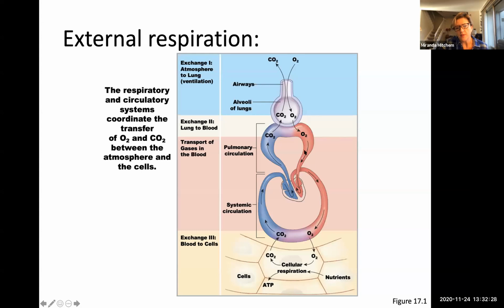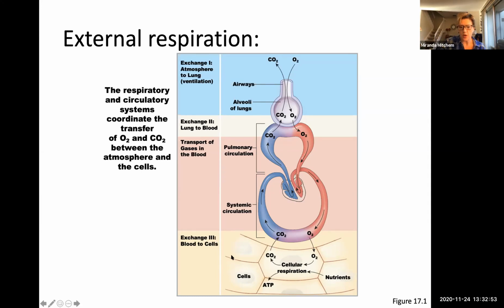And then in it comes and it's pumped around the body through the help of the heart. And that brings us to our third level of exchange, which is between the blood itself and the cells. So those are the levels of external respiration, of which there are 3.